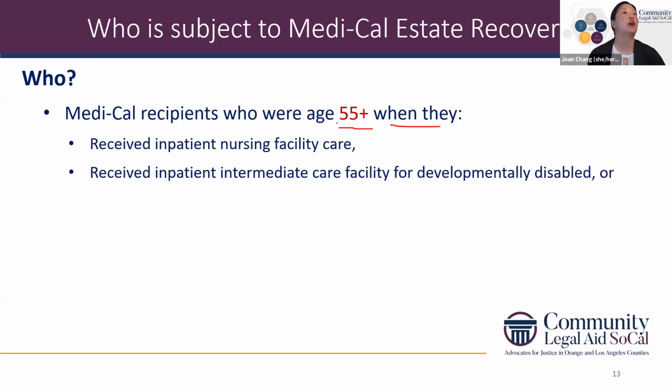Again, if they are 55 and older when they receive what we call inpatient ICF for the developmentally disabled, intermediate care facility services, if Medi-Cal's ever paid for any of these services when they were 55 and older, then again, we may be in danger of Medi-Cal estate recovery.